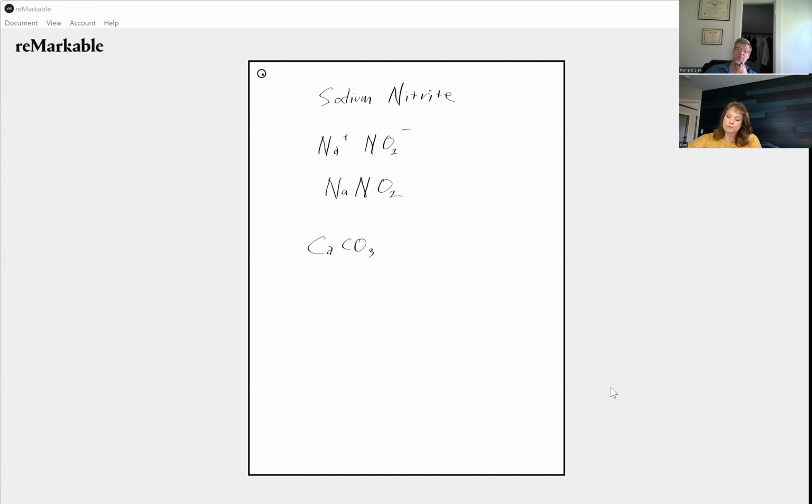So what would be the name of this compound? Well, what's the name of Ca? Calcium. And CO3 is carbonate.